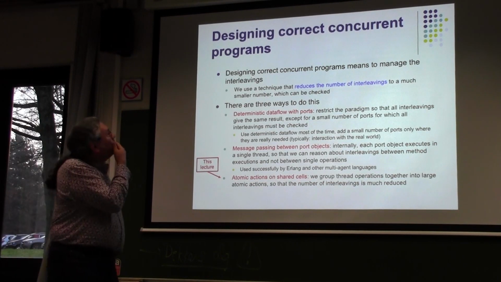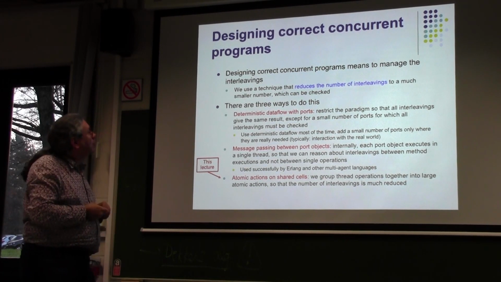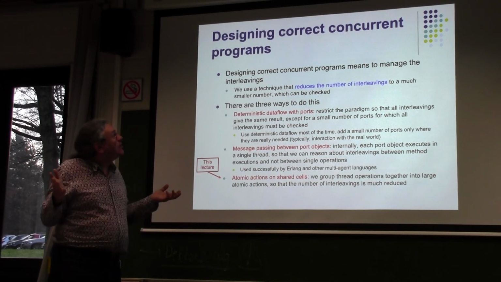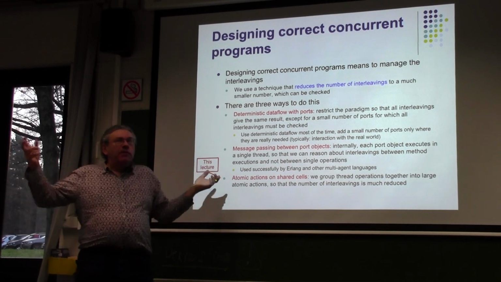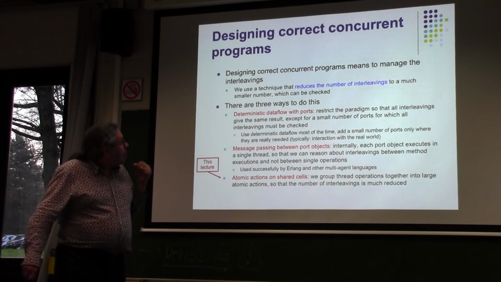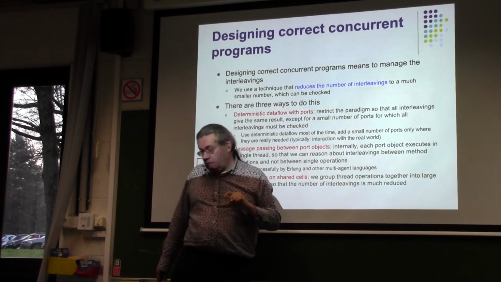Okay, so what does that mean? Designing a concurrent program to be correct? Well, basically, it all comes down to the interleavings, this exponential number of interleavings. How do you make sure they're all correct? Well, the basic technique is to reduce the number of interleavings.